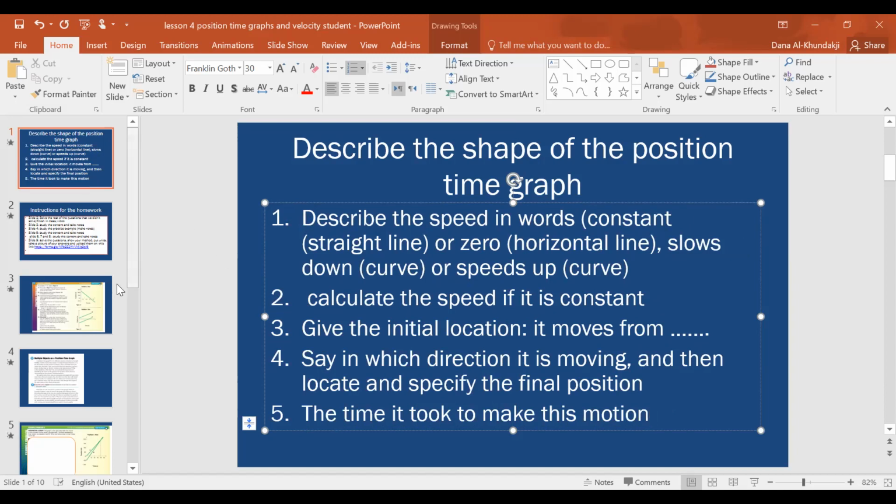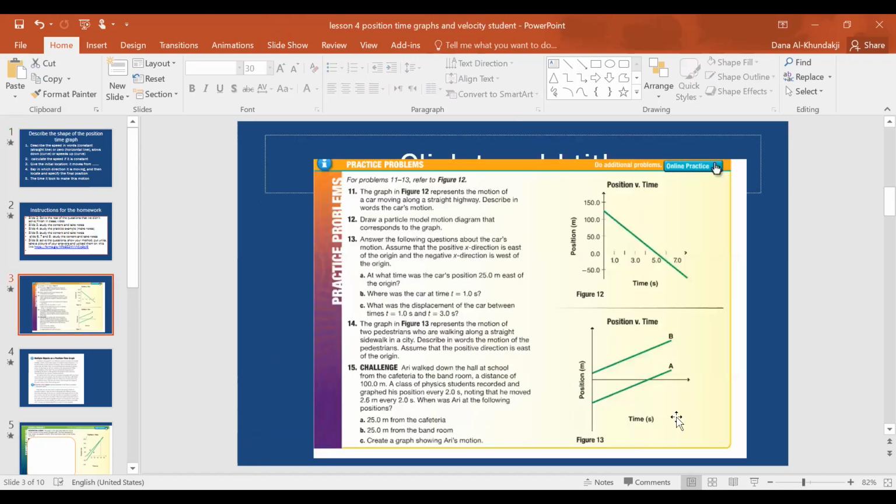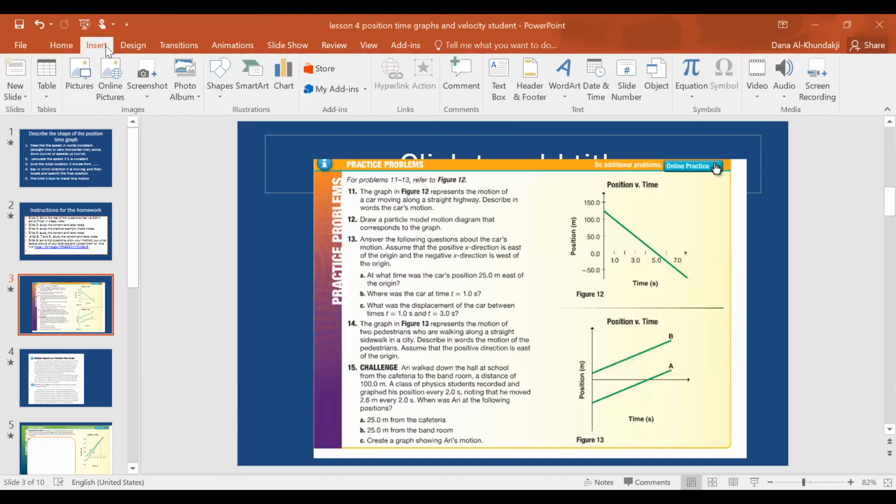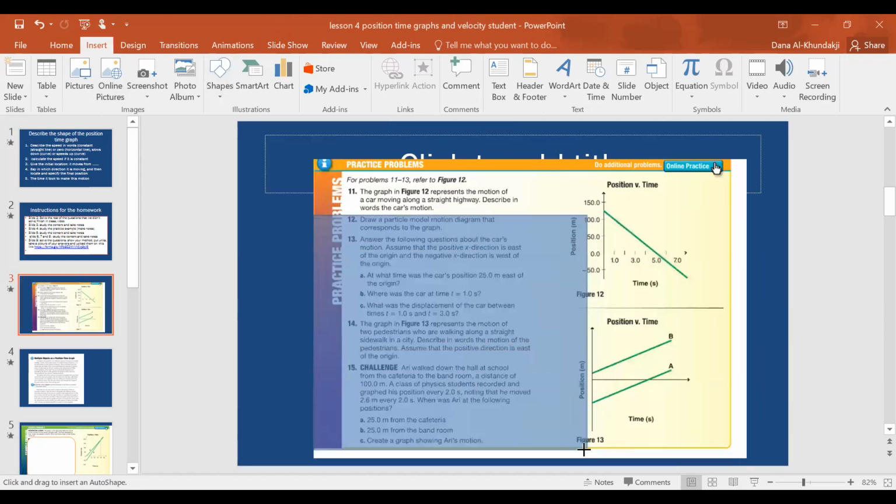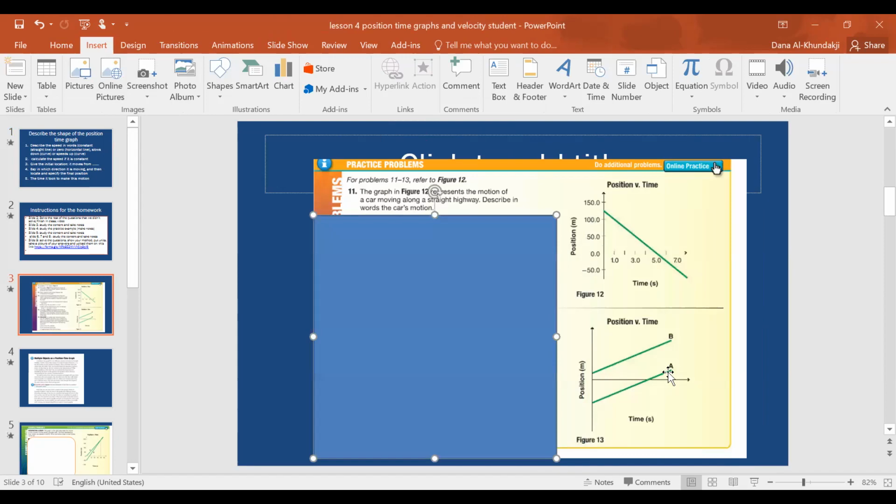Okay, so let's apply these ideas to question number 11. I'm just going to insert a place for me to write on, and put a shape over here to cover the other questions so I can write in that space.